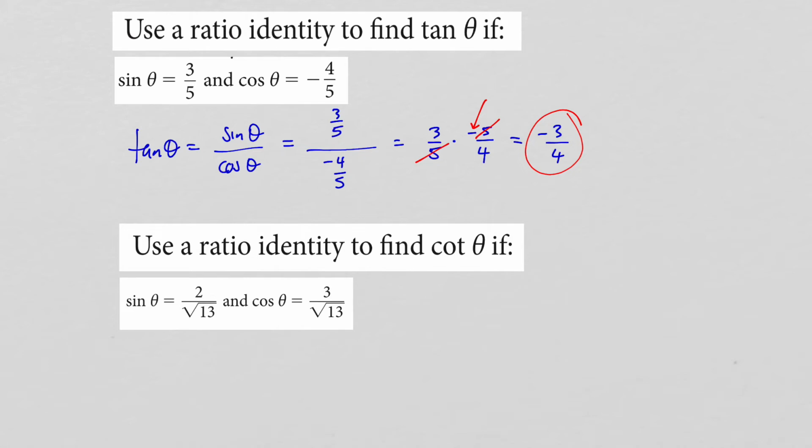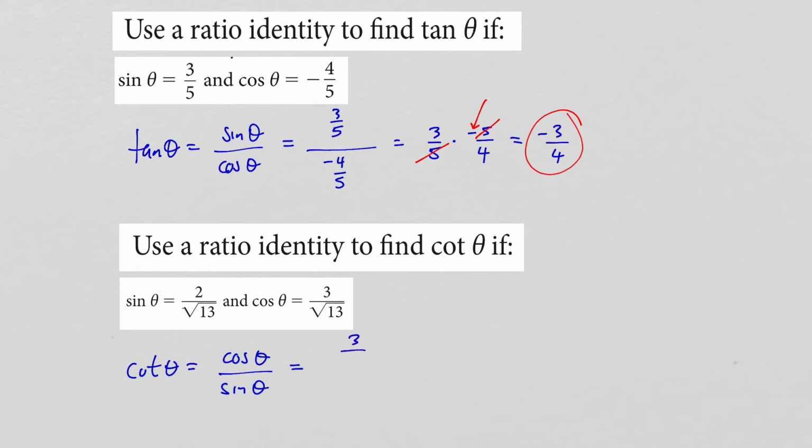And likewise, for the second problem, it says find cotangent of theta if sine of theta is 2 over radical 13 and cosine theta is 3 over radical 13. So we say cotangent of theta is cosine theta divided by sine theta.